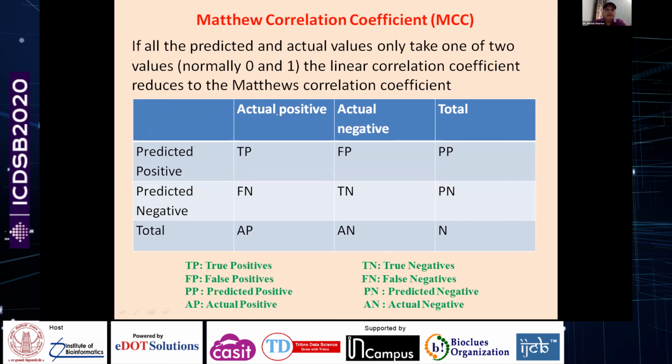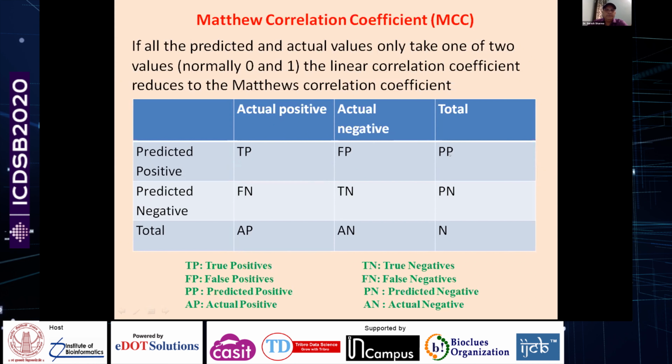If they are correctly matched with each other, actually positive and the test also says positive, it is a true positive. If they are actually negative and the test also says negative, then they are true negative. And if the test says positive but actually they are negative, then this is called false positive. Similarly, this is false negative, right?